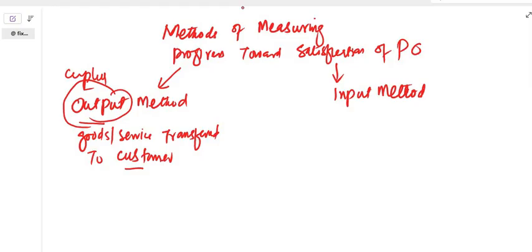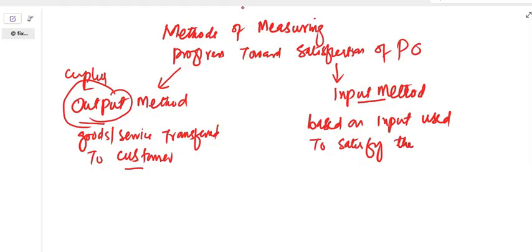And the second one, which is called input method, the progress towards satisfaction is based on input. By input we mean the cost we incur, based on input used to satisfy the performance obligation. Clear?